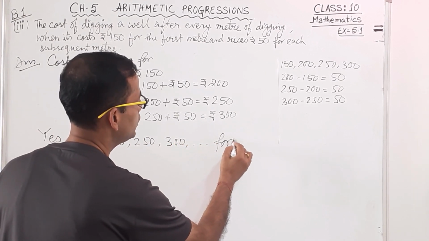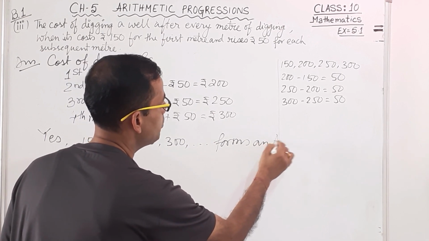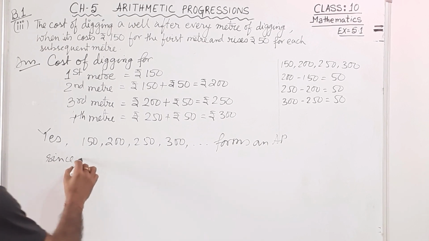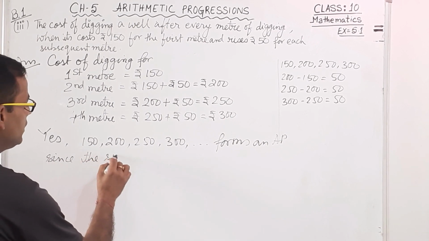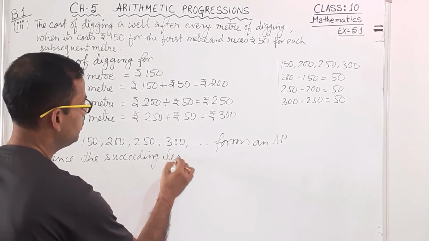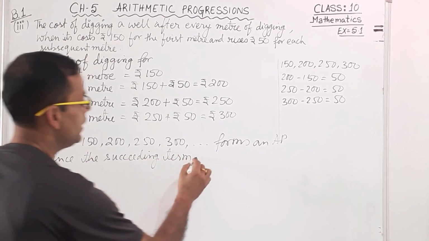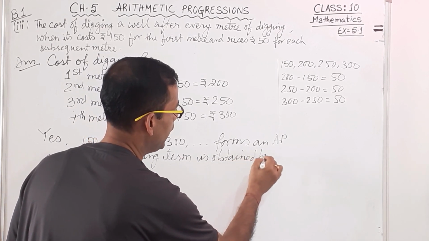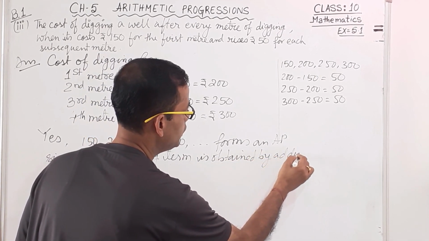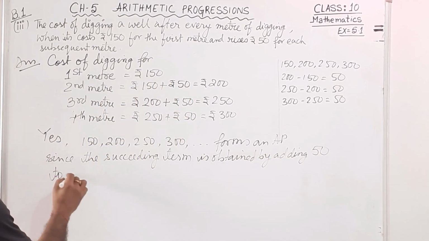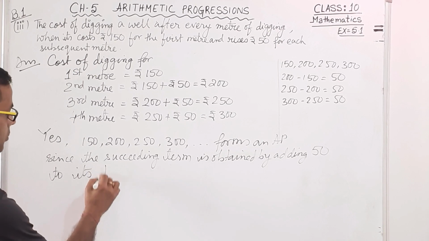forms an AP. Since, why? Since the succeeding term is obtained by adding, how much you are adding? 50 to its which term?